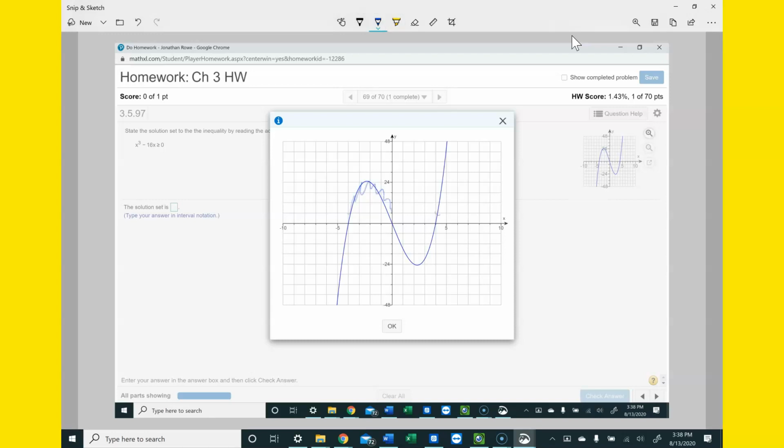Throughout this region and throughout this region. So as far as the x value is concerned, on the x-axis, that would be this and this. So what would that be as an interval? Looks like -4 to 0. It's got an equal to symbol on it, so I'm going to include a bracket. Union. Looks like 4 to infinity, with a bracket on the 4 and parenthesis on the infinity.